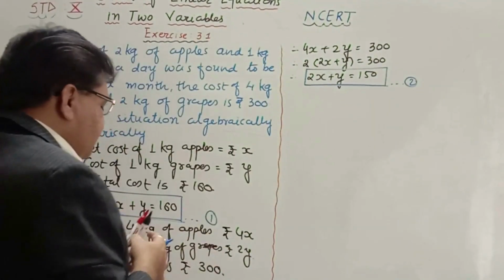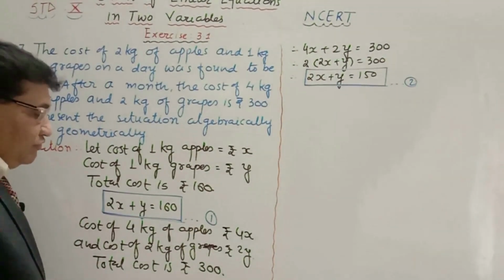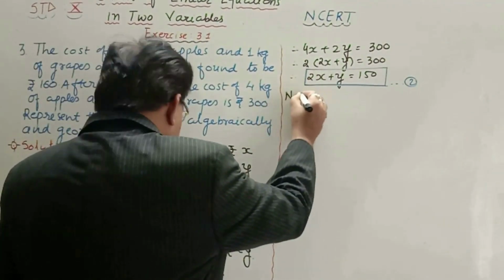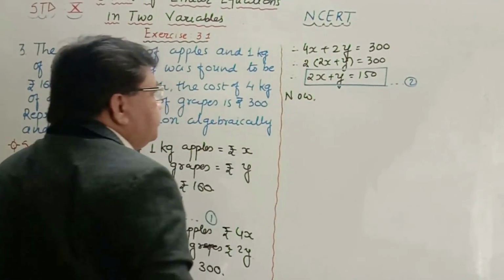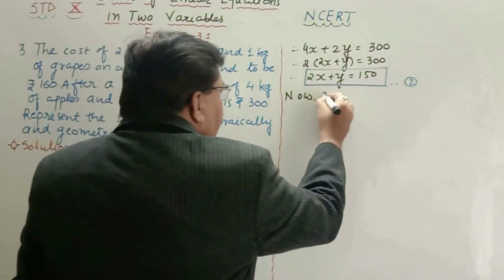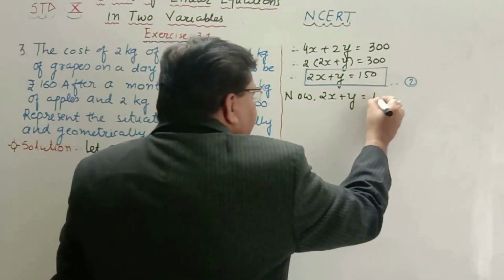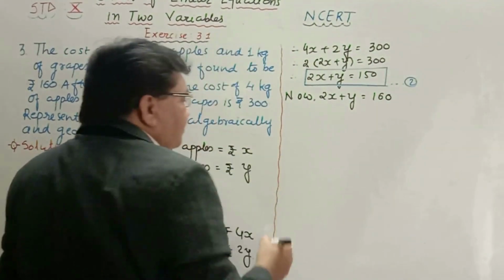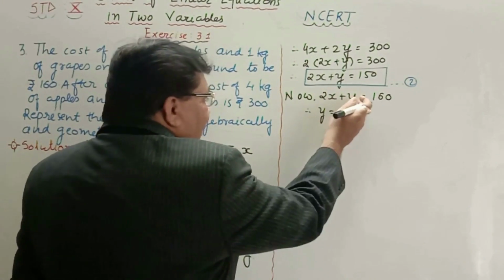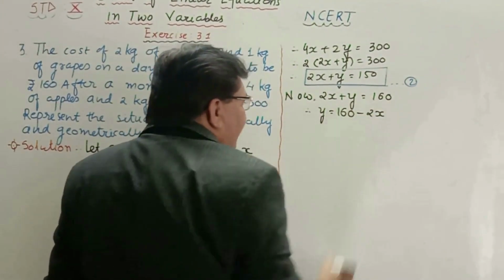From these two equations, we make a table and then we draw a graph. 2x plus y is equal to 160. Therefore, we take y to one side and write y equals 160 minus 2x.